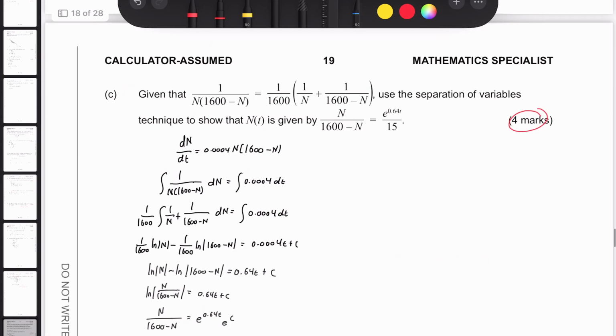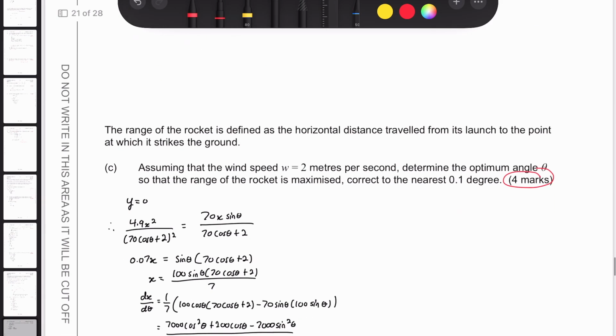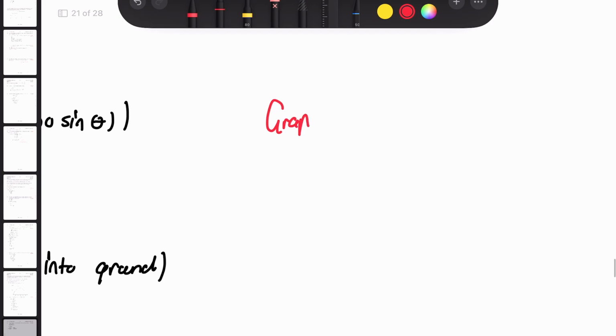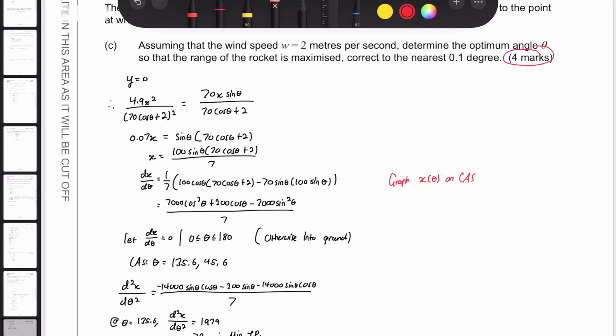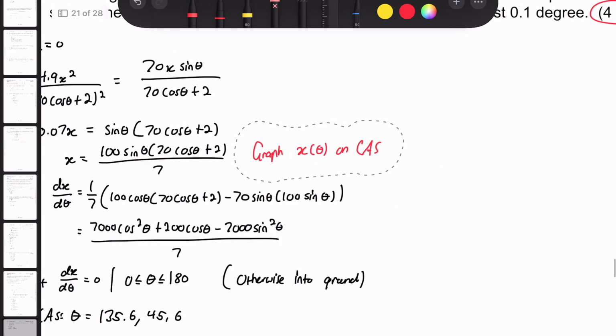And then going down, I think the rest of this was pretty spot on. For this one, they just graphed x of theta on CAS and just found the maximum that way, which is fair enough. That would give you your answer a lot faster than having to do all this garbage.